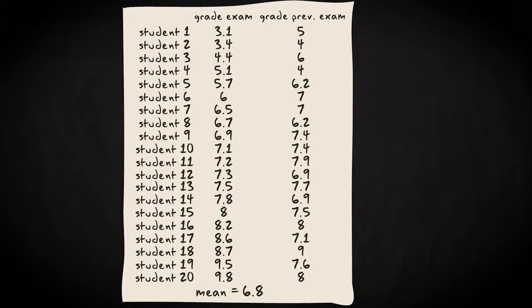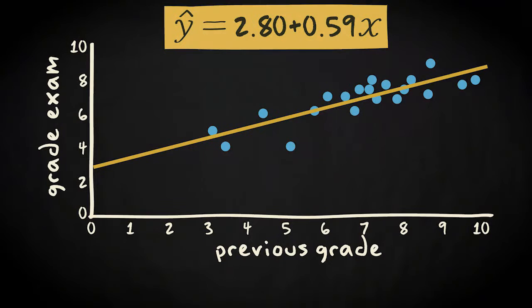Well, now you can make use of the regression analysis. Here you see the scatter plot with the regression line and the regression equation. You see that those with a high grade for the previous exam also tend to have a high grade for the present exam. In fact, you can use the regression line and the corresponding equation to make a prediction.